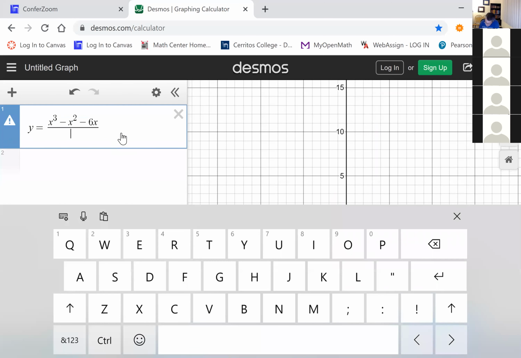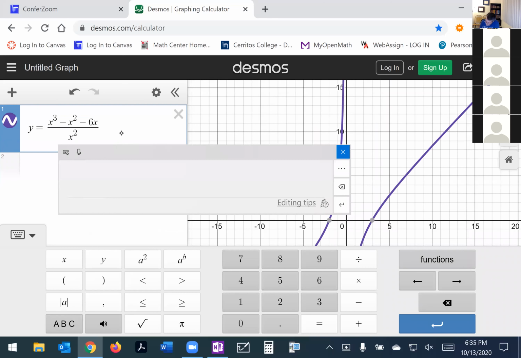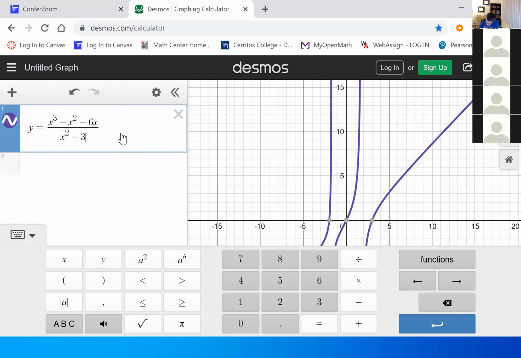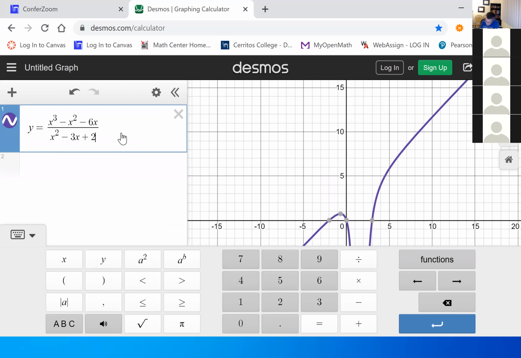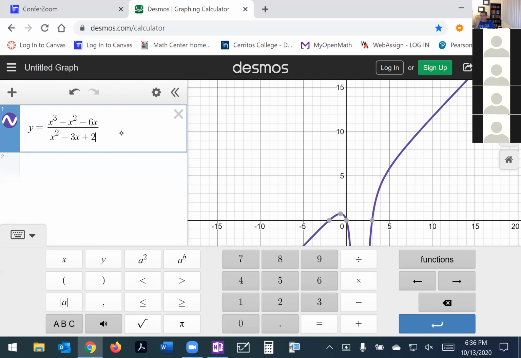All of that needs to go over x squared minus 3x plus 2. Boom, okay. So, let's see what this looks like.